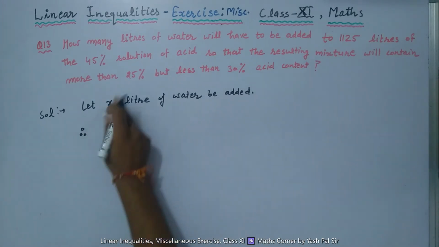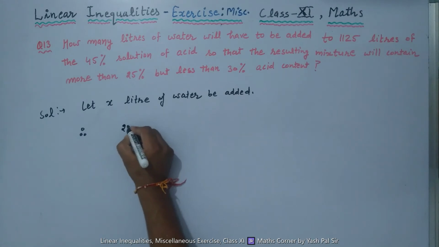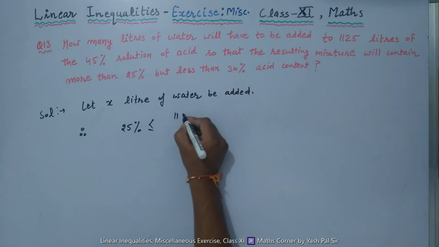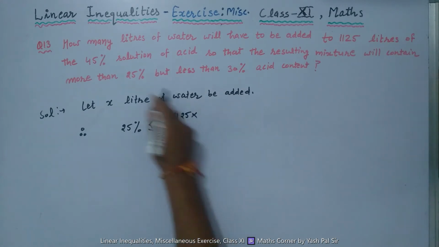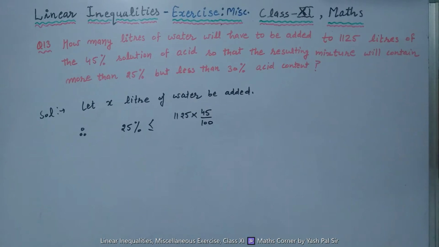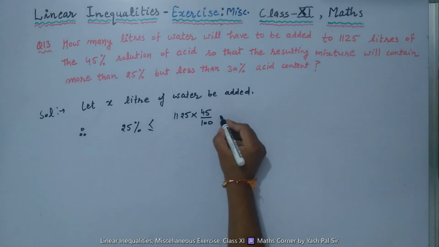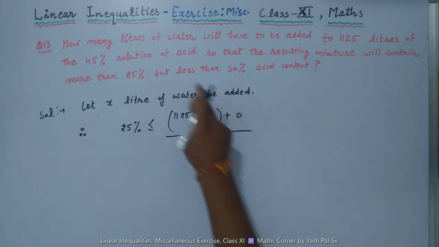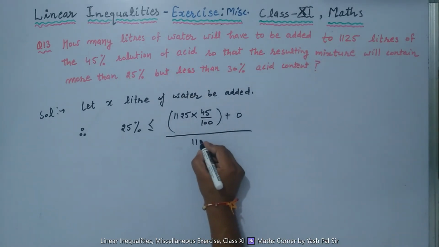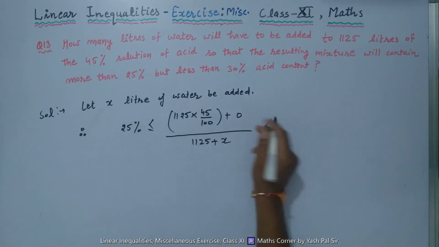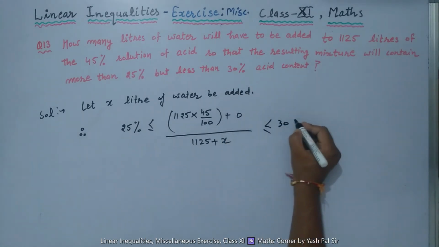Therefore, we write here 25%, less than or equal to 1125 into 45% plus 0, divided by the total, which becomes 1125 plus this x, and this whole is less than or equal to 30%.